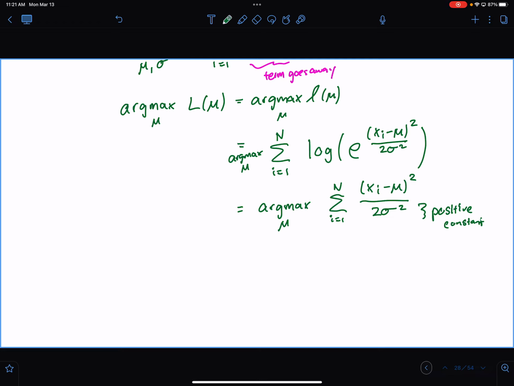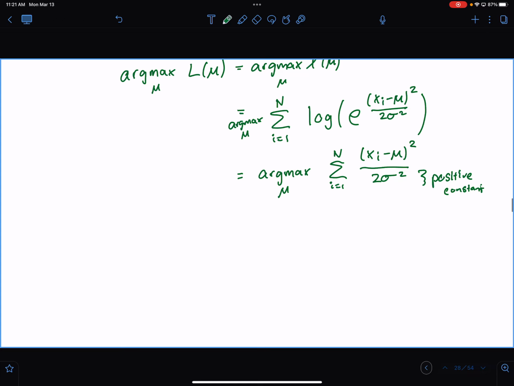And if you're trying to maximize x versus maximizing 3x, the argument that maximizes that expression is the same. So we can throw away that term as well. So we have argmax over mu, i equals 1 to n, and just xi minus mu squared.